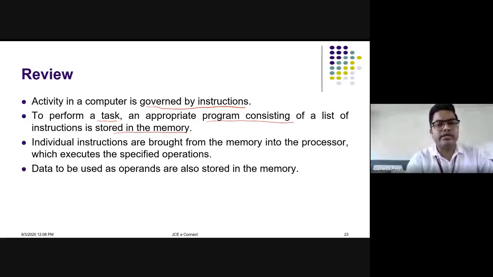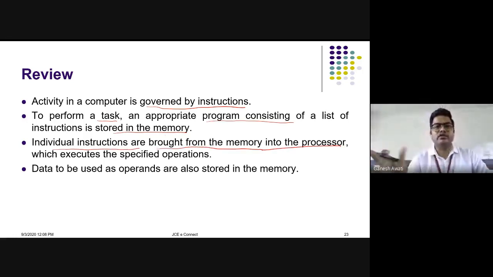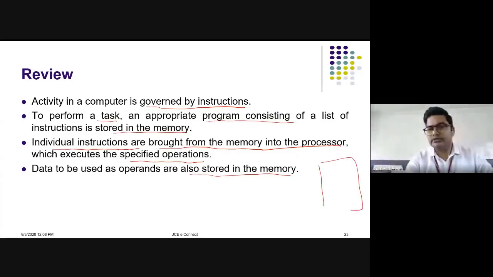Individual instructions are brought from the memory into the processor, because that is where you have stored them, which executes the specific operations. Data to be used as operands are also stored in the memory. Understood? So what we have, this is our memory.